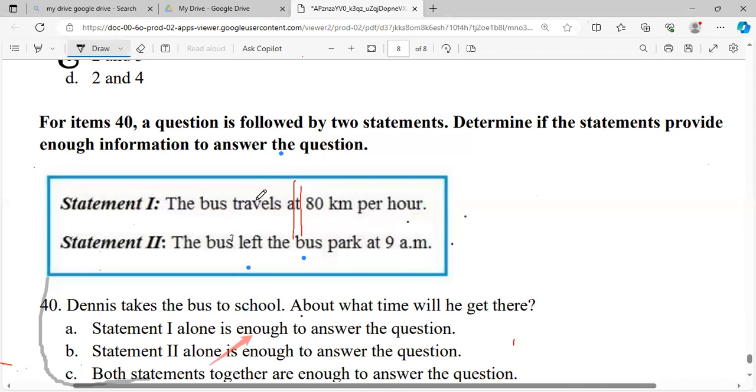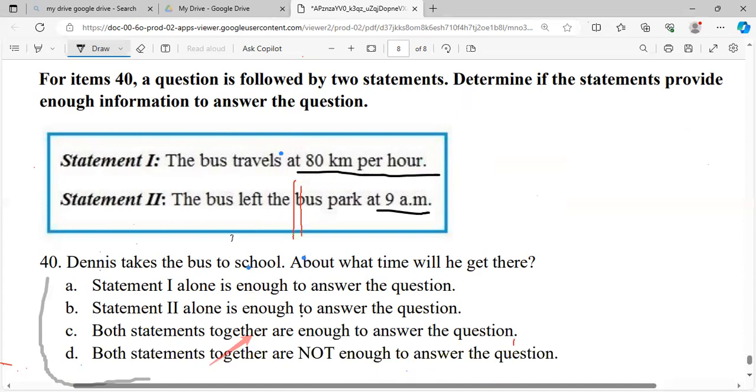Sir, the answer is D. Yes, sir. The bus travels 80 kilometers per hour. The bus left the bus park at 9. We take the bus to school, so you need to know how long the bus would have to drive for, so there's not enough information.